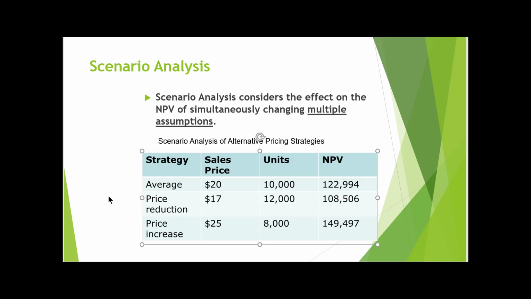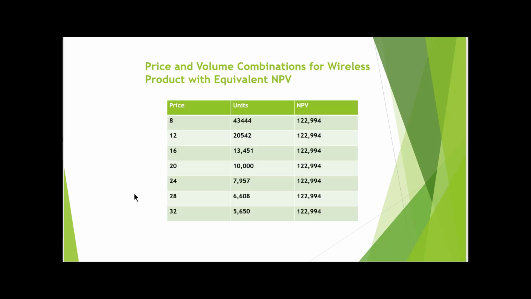So again, sensitivity analysis looks at changing one variable. Scenario analysis looks at changing multiple variables. Maybe we want to look at what we need as far as price and volume combinations. What will give us a net present value of 122,000, if that's what we're looking for? What combinations would we expect to get?